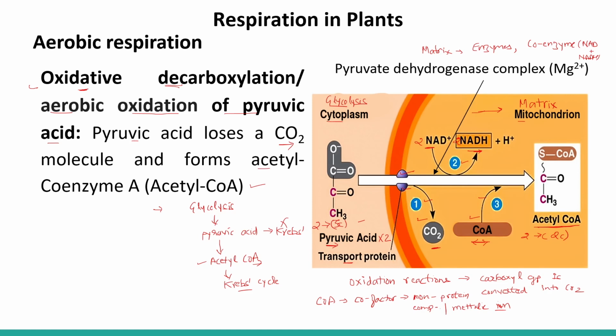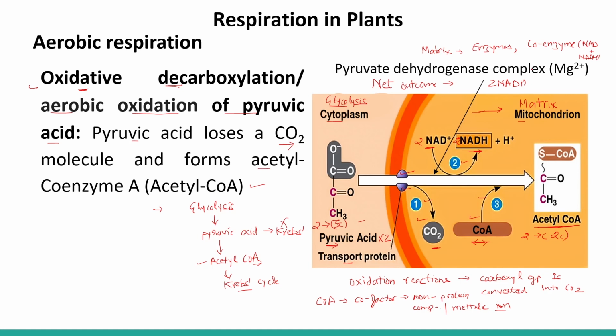So what will be the net outcome here? If we talk about the net gain of this reaction, 2 NADH are synthesized here, 2 carbon dioxide are lost and coenzyme A is added.